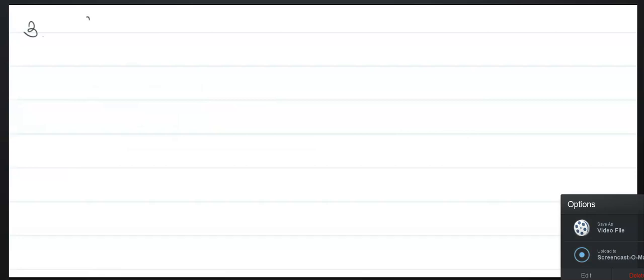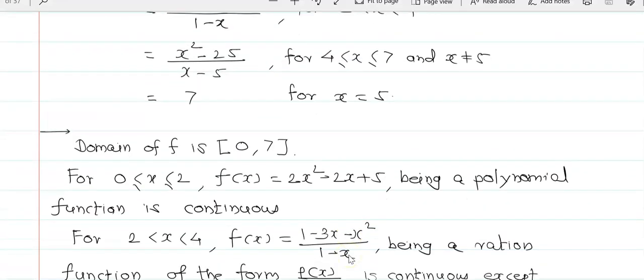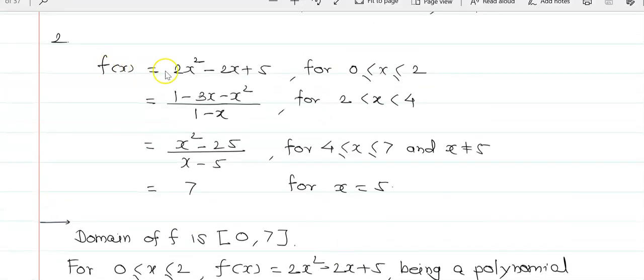Now see this again here. f of x is equal to 2x squared minus 2x plus 5 for x between 0 and 2, (1 minus 3x minus x squared) upon (1 minus x) for 2 to 4, (x squared minus 25) upon (x minus 5) for 4 to 7 with x not equal to 5, and equal to 7 for x equal to 5.